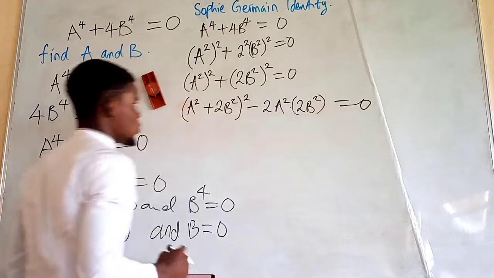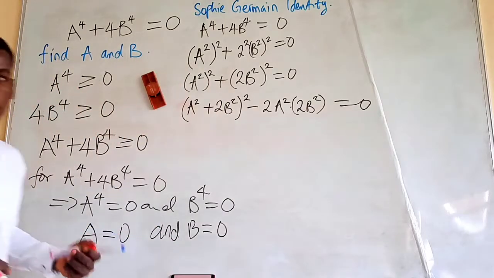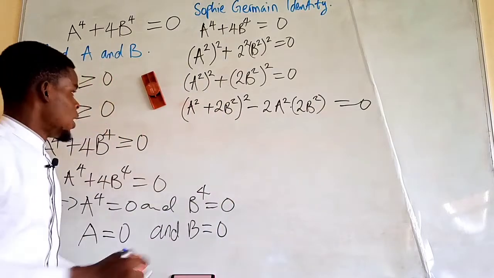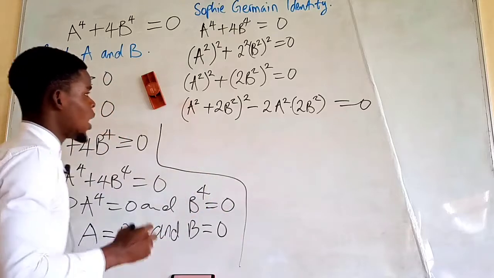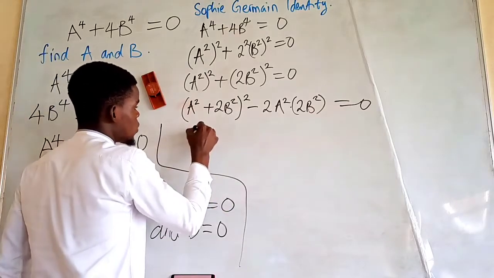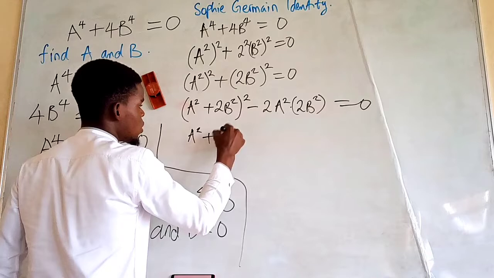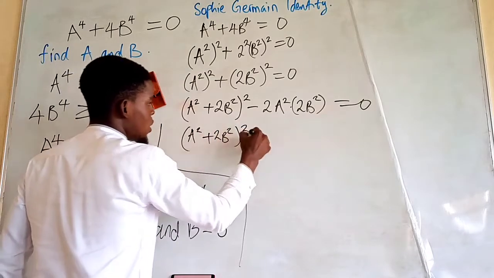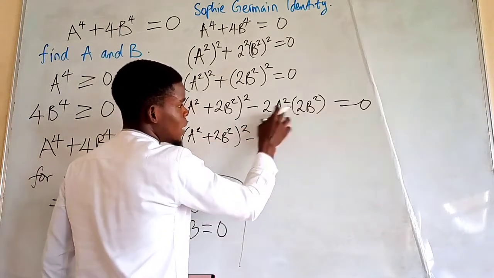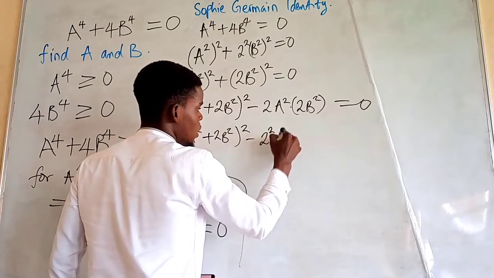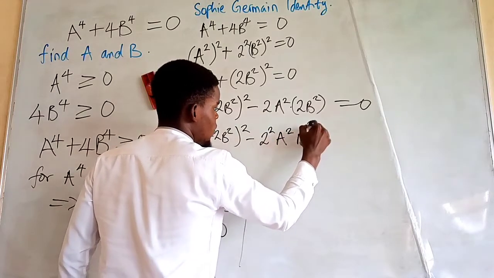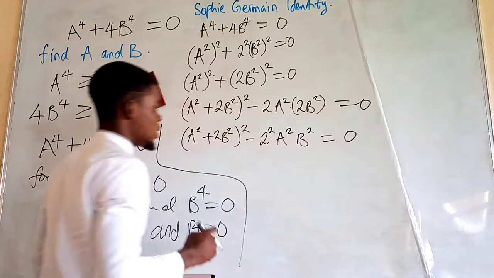And that is equal to 0. Okay, so I can again simplify this a little bit, and we're going to end with a squared plus 2b squared, and we square that, minus 2 times 2 here is going to give us 2 squared. We have a squared and we have b squared like this, and we equate that to 0.